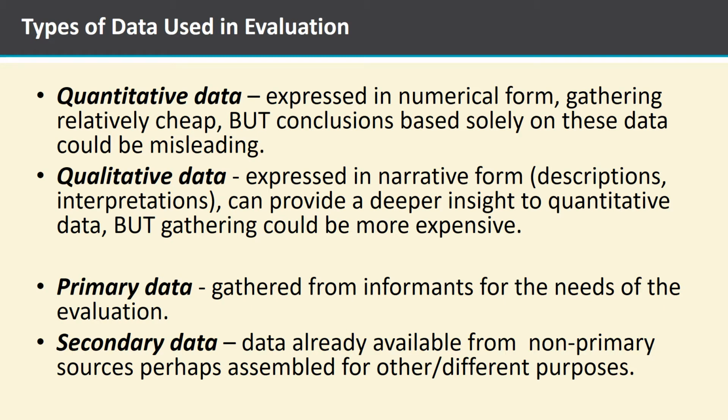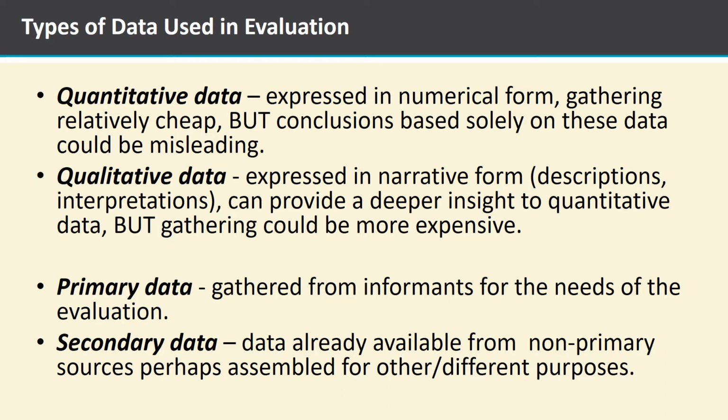Put simply, quantitative data is expressed in numerical form. Its gathering is relatively cheap, but conclusions based solely on this type of data can be misleading. Qualitative data is expressed in narrative form, descriptions or interpretations.